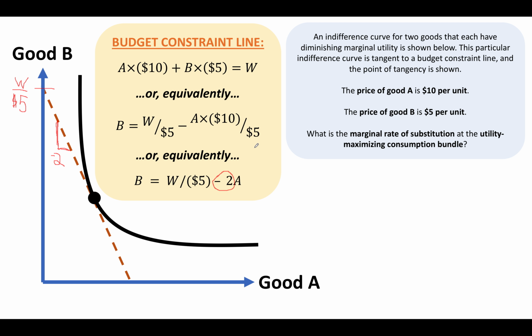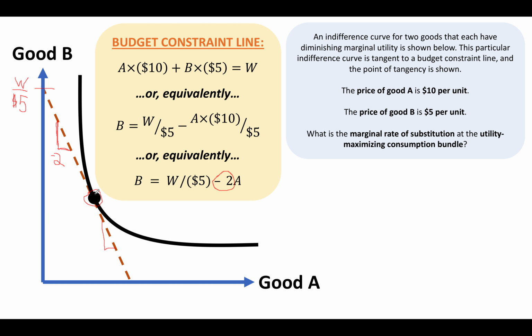Okay, now I'm asking a question here. What is the marginal rate of substitution at the utility maximizing consumption bundle? Well, as by the definition I just gave, this is the utility maximizing consumption bundle. And the marginal rate of substitution is just if I were to draw a tangent line at the bundle, and then I took the slope of that tangent line, then that is the marginal rate of substitution.